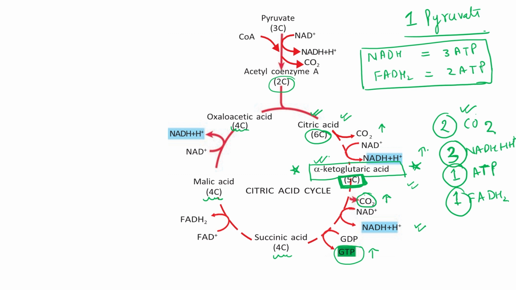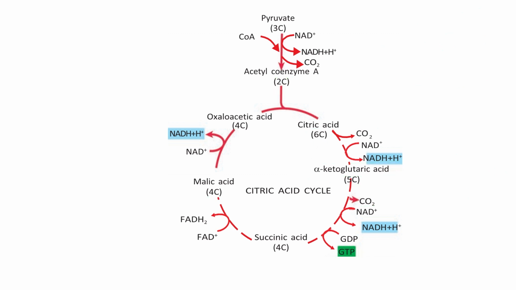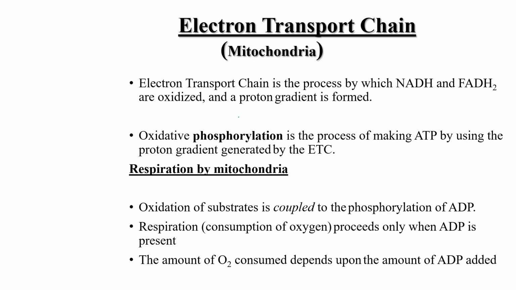But yes, obviously 1 molecule of ATP has been generated over here, 3 molecules of NADH and 1 molecule of FADH2 have been produced during the citric acid cycle, and removal of 2 carbon dioxide molecules has occurred during this Krebs cycle. Clear? Now, the electron transport chain.